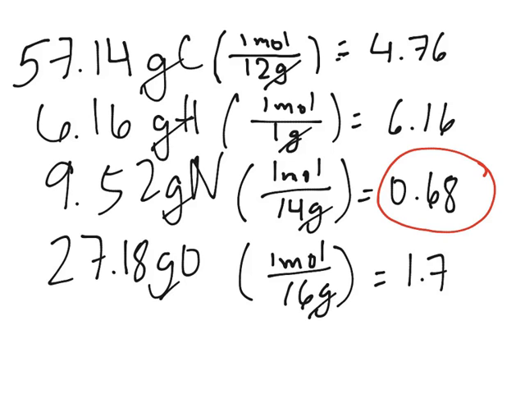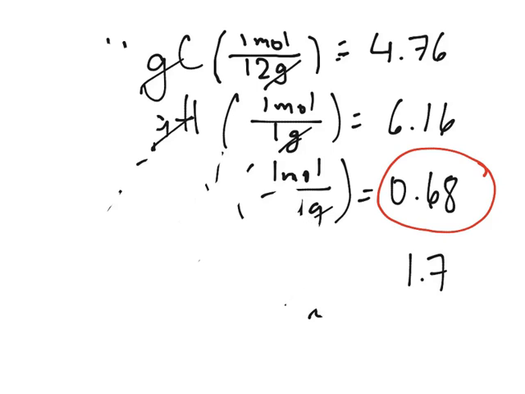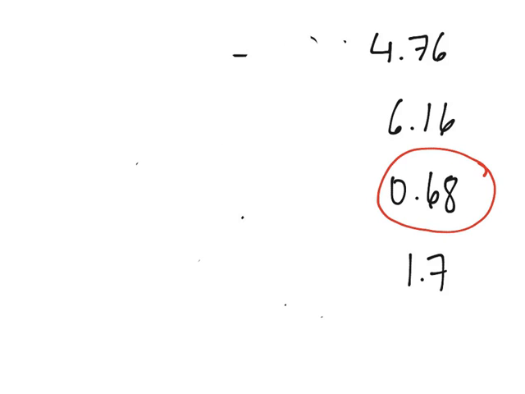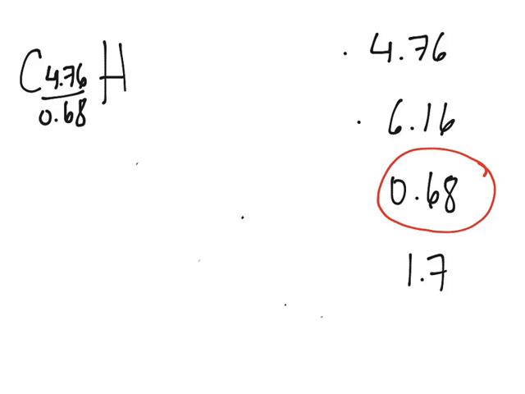So let me erase this part. Just leave these numbers. So this was the carbon, so C is 4.76 over the 0.68, and this was the hydrogen, so it will be 6.16 over 0.68.